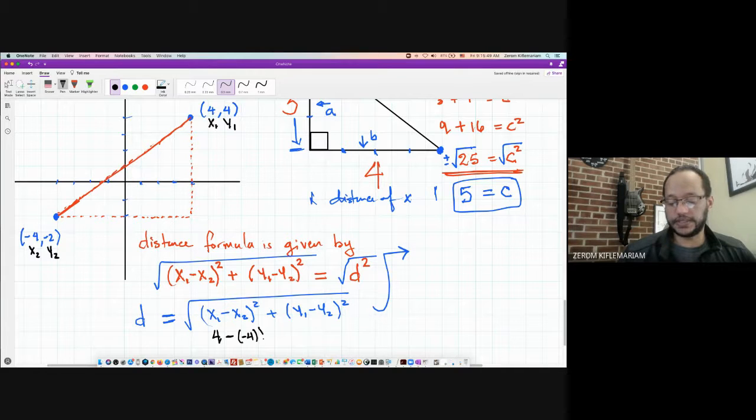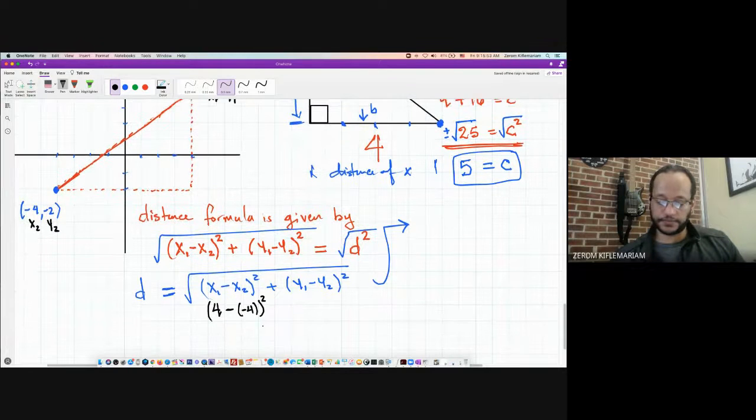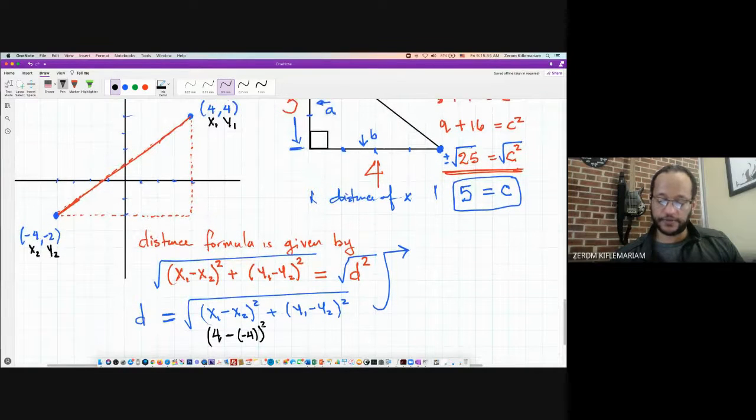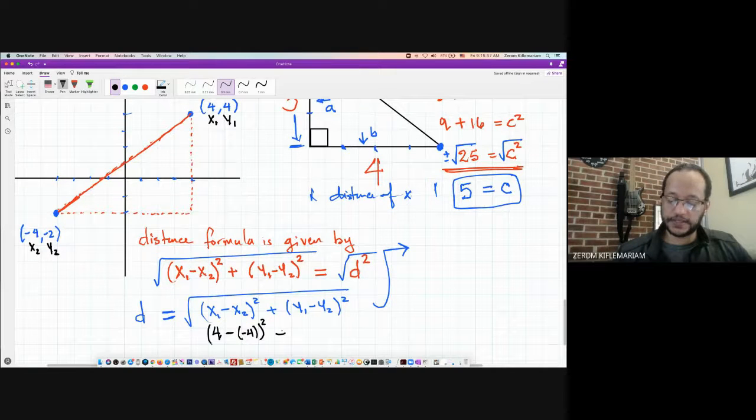Close that parentheses, and then I have to square it. Our next numbers are y1 is 4, plus, the formula has a negative sign, and y2 is -2. And I'm supposed to take the square root of this, and it is equal to d.